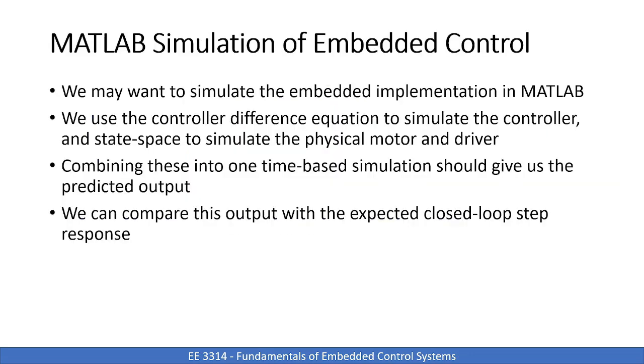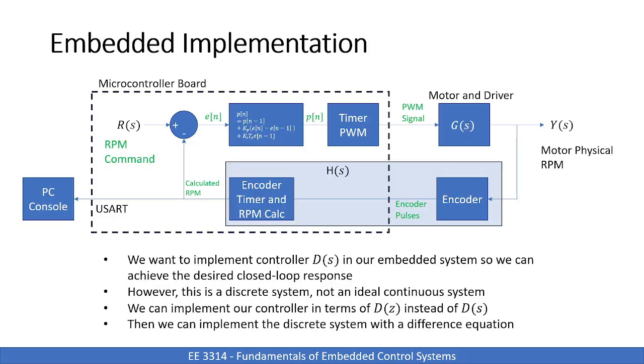Okay, so before we do that, I think it's convenient to do a little MATLAB simulation. MATLAB can be used like a discrete embedded system, right? We can iterate, we can use for loops, so we can test out the iteration. Before, we looked at the closed loop of this entire system, the controller and the motor and driver.